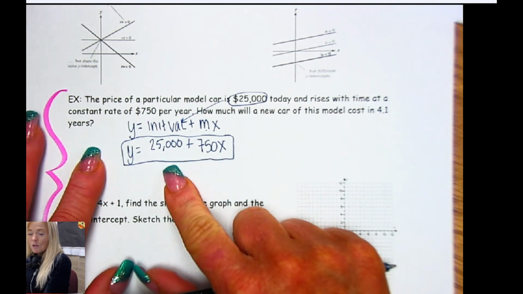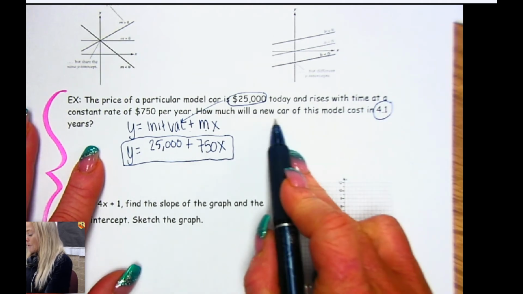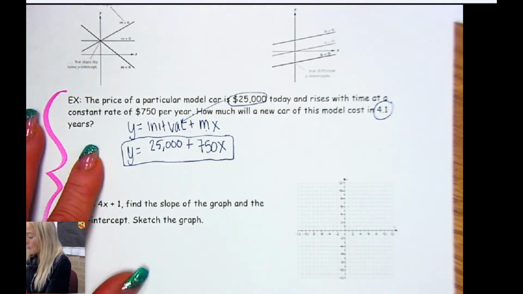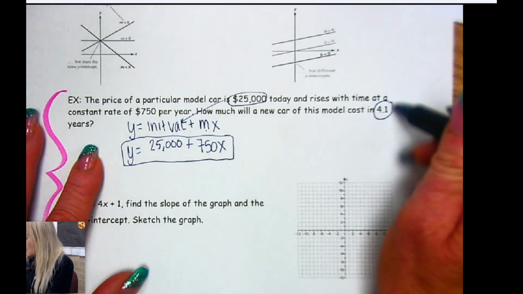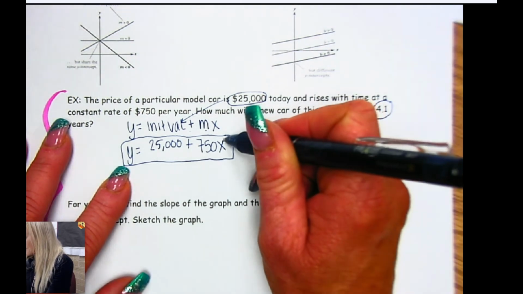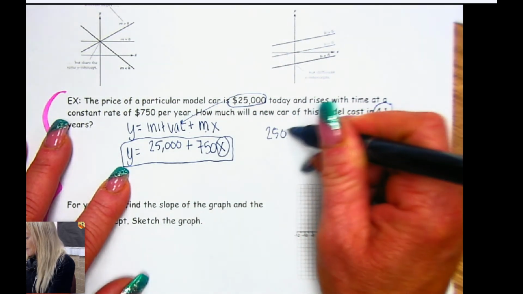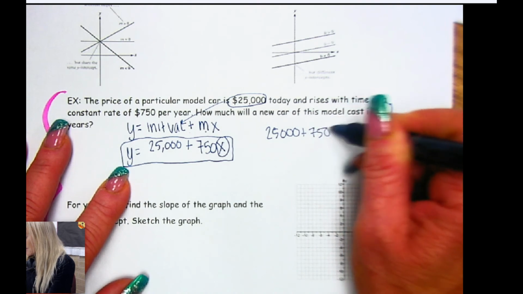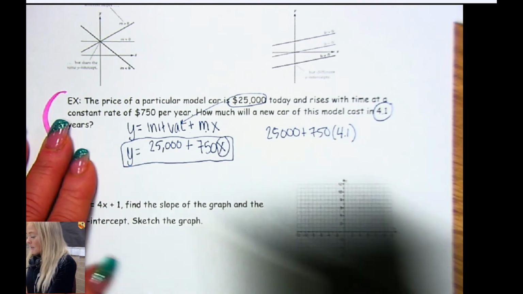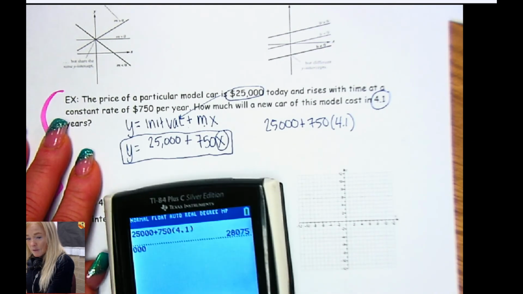And you can then use the model that you came up with to predict what the new car of this model will cost in 4.1 years. In 4.1 years, that's your time. It's your independent variable, so it goes in for x. So you would just do 25,000 plus 750 times 4.1, and that is... 25,000.